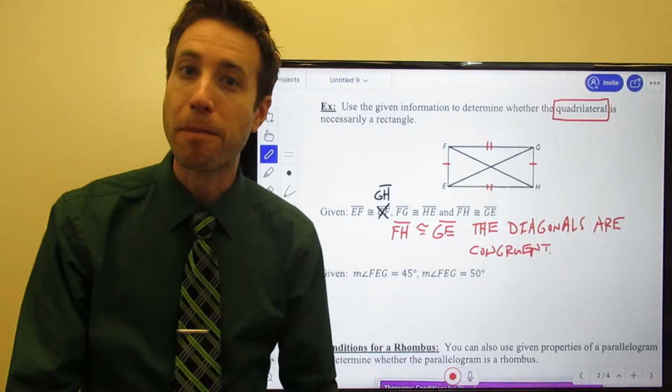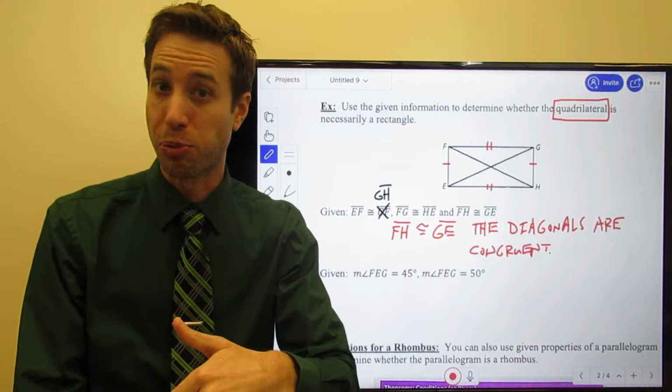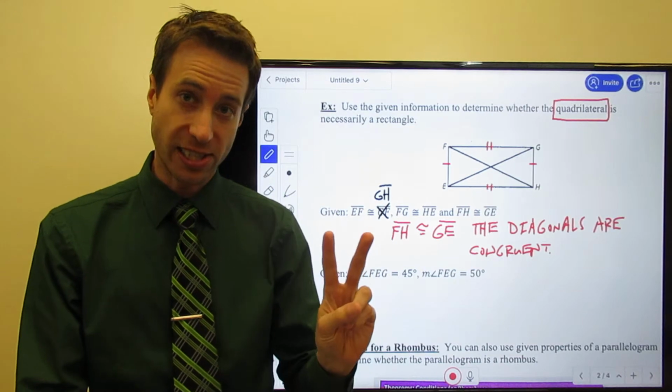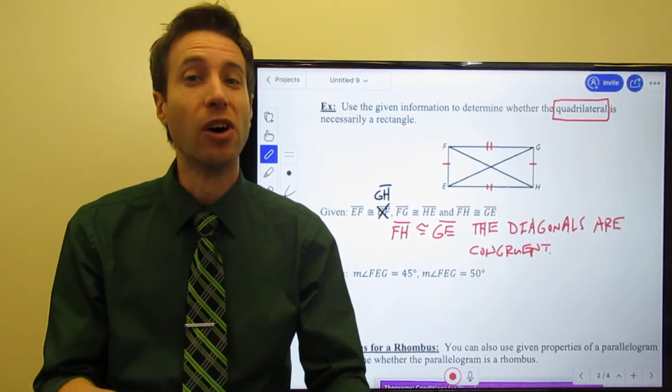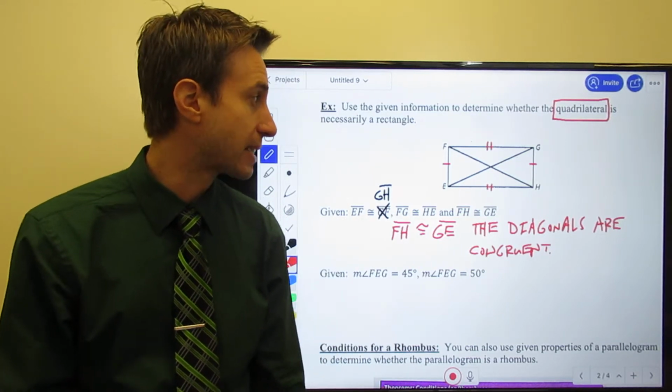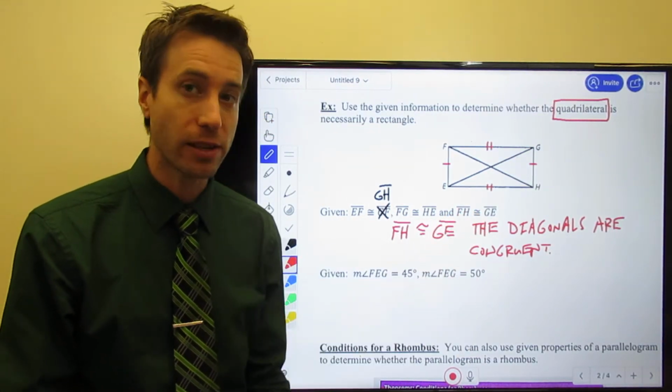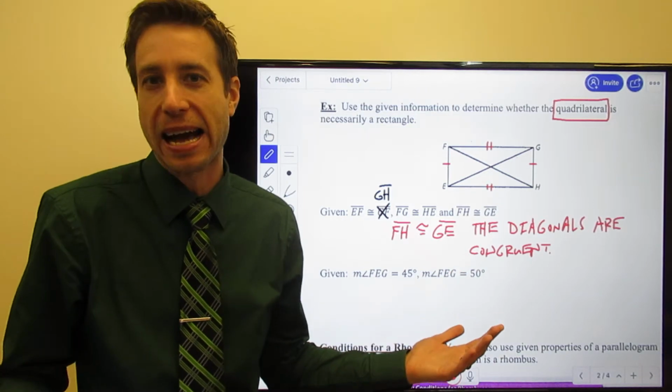And if you remember what we had in the table on the previous page of the notes, our second condition was if the diagonals are congruent, if the diagonals are equal, it has to be a rectangle. So yes, based on this information, it has to be a rectangle.